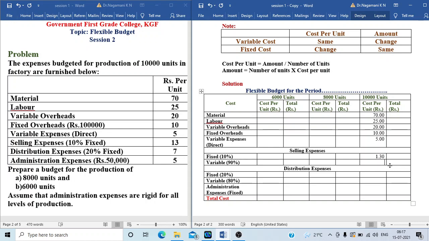Then variable expenses for selling expenses is 90%. 13 into 90% is 11.70.